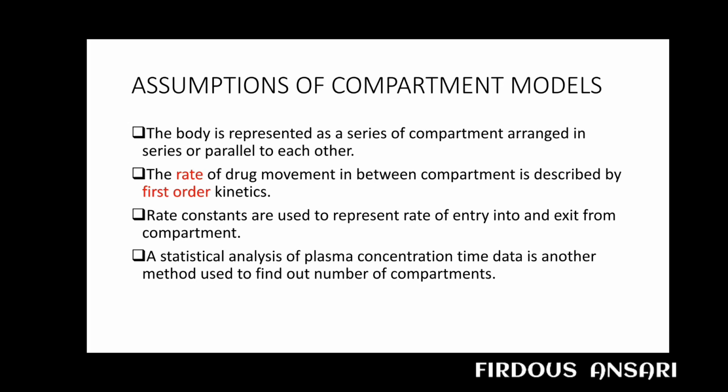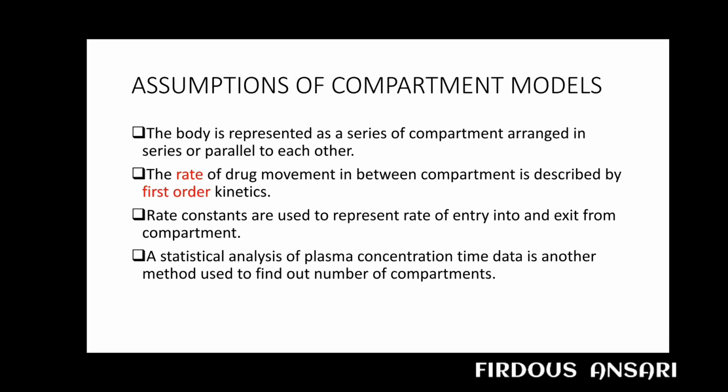Second assumption is the rate of drug movement between compartments is described by first order kinetics. Okay, here the drugs are following first order kinetics. So we are taking into consideration that the rate of drug movement from one compartment to another compartment is by first order kinetics. Third assumption is rate constants are used to represent rate of entry into and exit from the compartment.